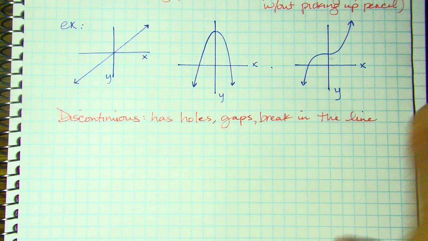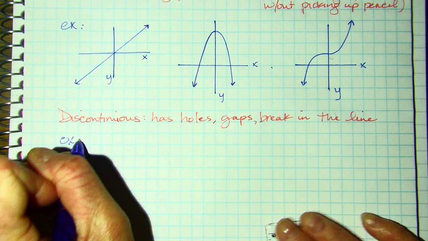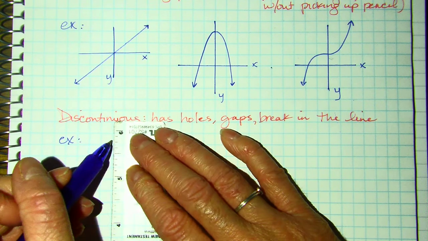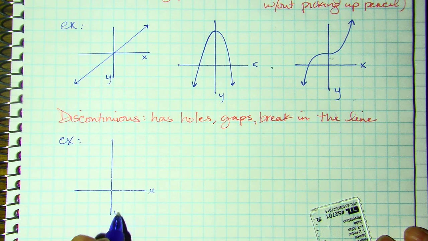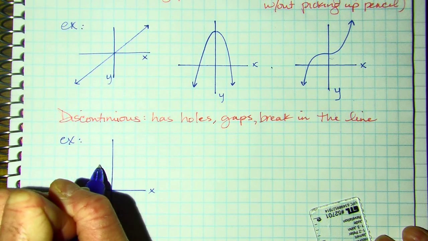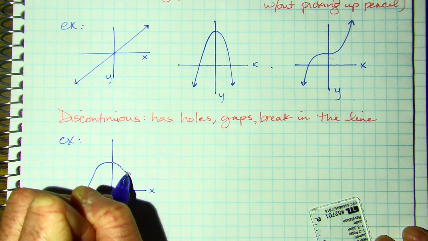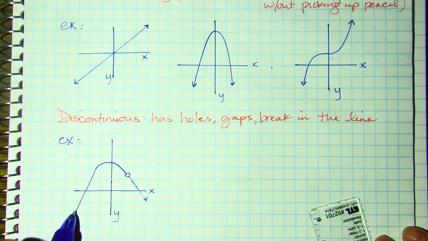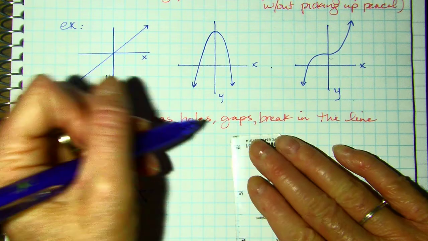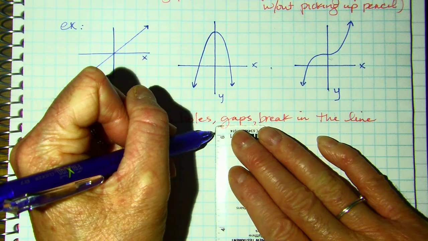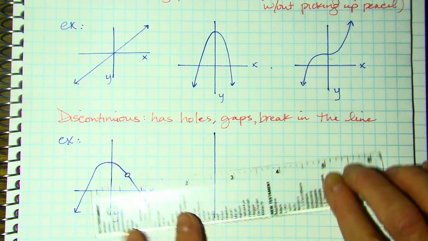So examples would be, this is x and this is y. I'd have this beautiful function, but with a hole in it. That is discontinuous. Okay, you would literally have to skip over that to draw. There would be a hole. Another example is our rational functions.